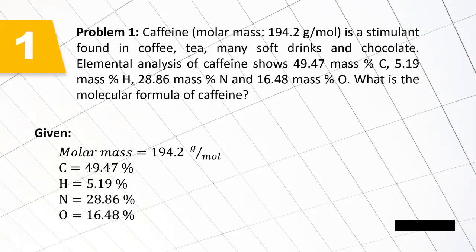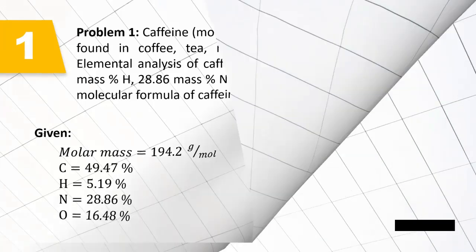And we were asked for the molecular formula of caffeine. In order to solve the molecular formula of a certain compound, we have to determine first its empirical formula, since the empirical formula is the simpler version of representing a compound.